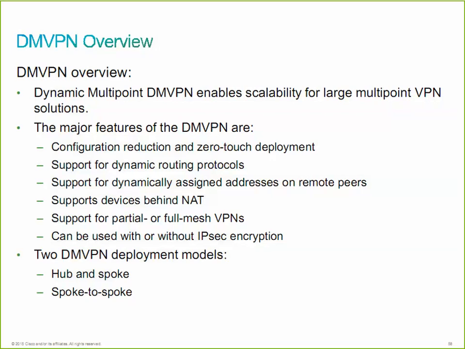So the Cisco DMVPN feature actually makes use of multi-point GRE tunnels, IPSec encryption, next hop resolution protocol to provide a simple way to provision lots and lots of VPN peers. All right? It also easily supports dynamically addressed spoke routers in its design.